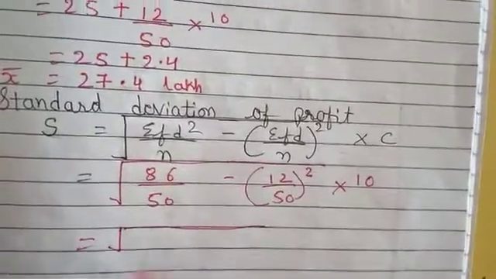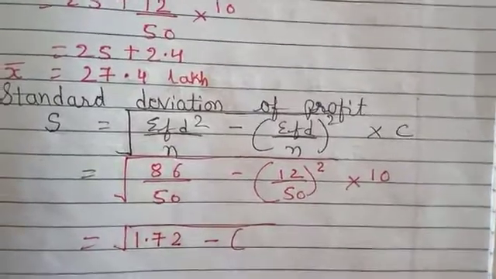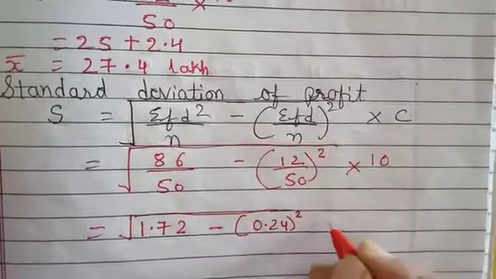Now 86 when I divide it by 50, I get my answer as 1.72 minus 12 divided by 50, it will give 0.24, whole square, multiplied by 10.